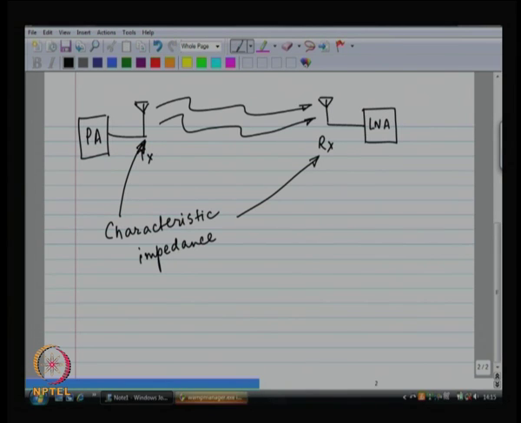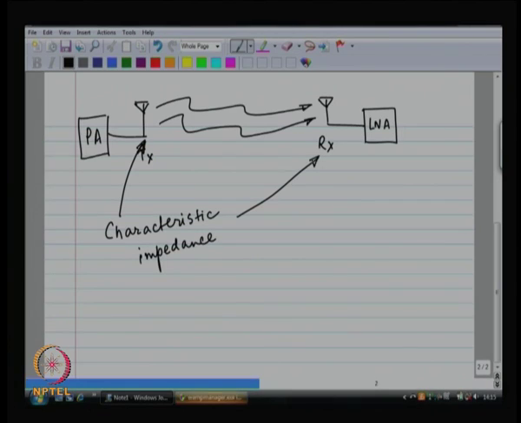The wire connecting the transmit antenna to the power amplifier has a certain characteristic impedance. The wire connecting the receive antenna to the low noise amplifier also has a certain characteristic impedance, and the low noise amplifier has a certain input impedance. The power amplifier has a certain output impedance.